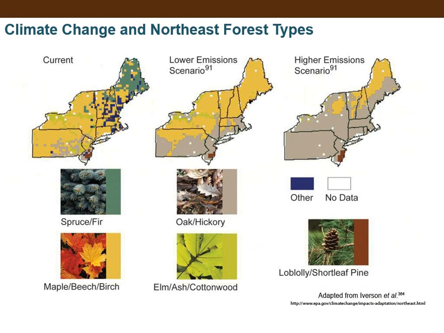And so you can see in the middle picture that oak hickory, which is a more southern forest type, is expanding its range north through most of Pennsylvania and encroaching into New York, and we lose the spruce fir forests entirely. It turns out that we've already passed the lower emissions scenario, so that's unlikely to be the pattern that we would see in New York.